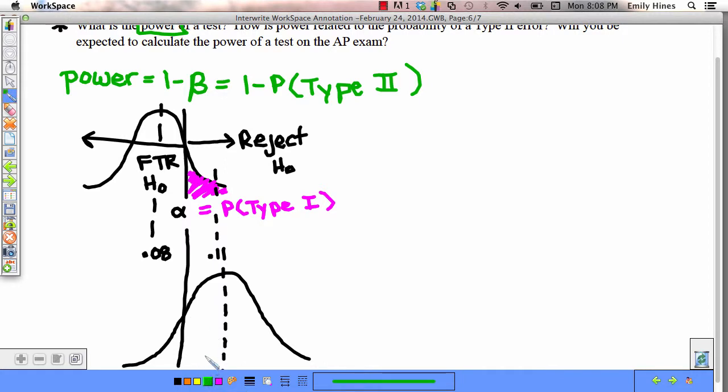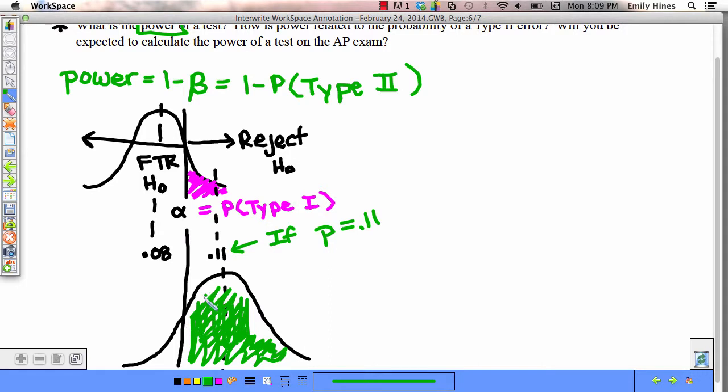And that means that all of this would actually get rejected. So even though it doesn't seem like I'm rejecting much here, if in fact my null was wrong and my true p-value really was 0.11, then in reality, all of this, okay, more than half of my possible responses would enable me to reject.